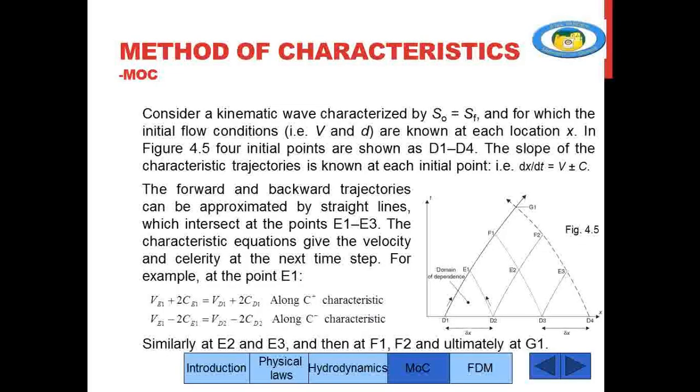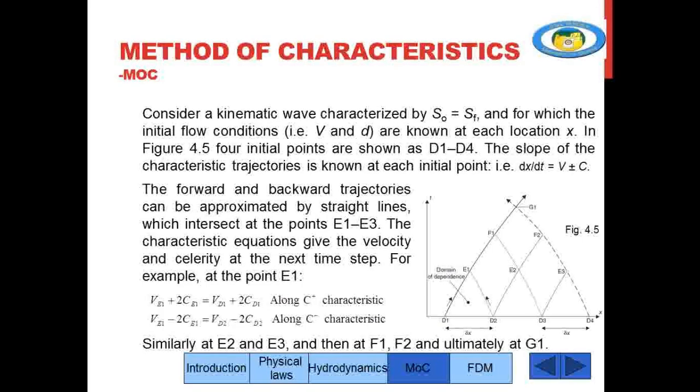now you can easily determine the slope of the characteristic trajectories at each of those initial points. Basically, the slope for the forward characteristics is going to be 1 over V plus C. For the backward characteristics, it is going to be 1 over V minus C. So we know essentially the velocities and the celerities. Since we know the depth, we know the celerity, which is the radical of G times D. So we know the slopes.